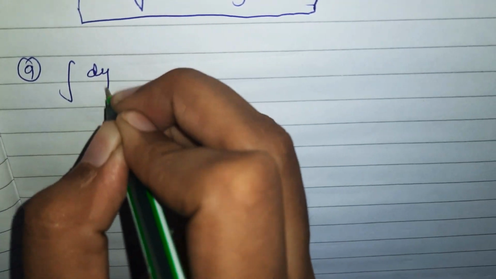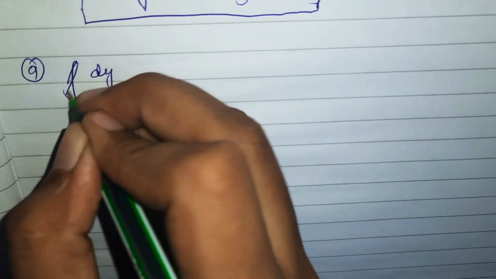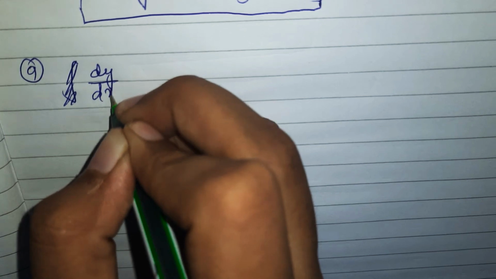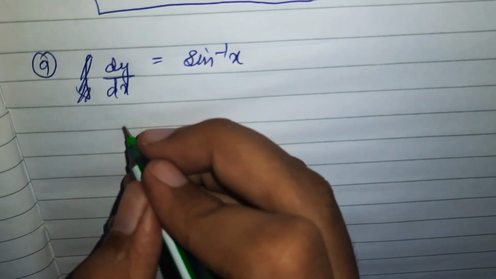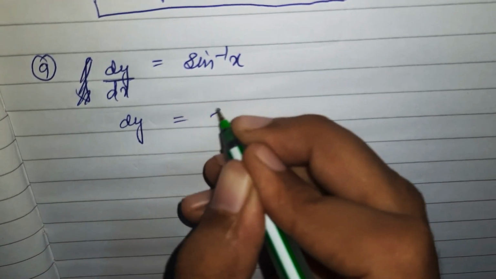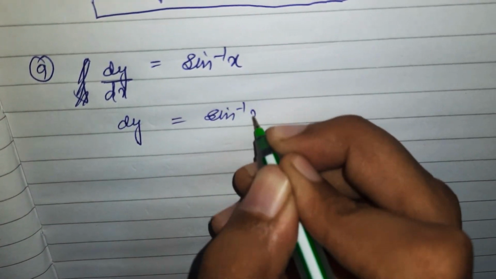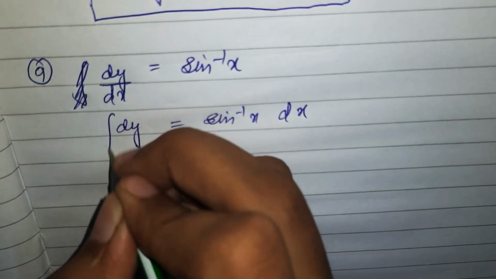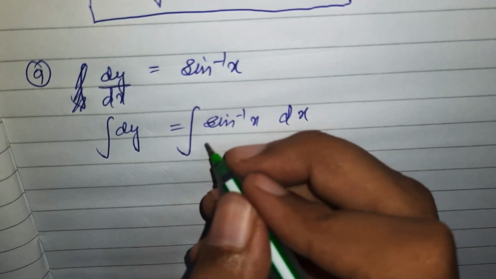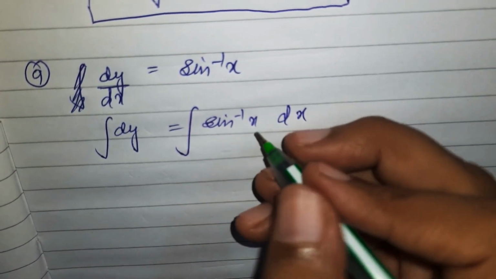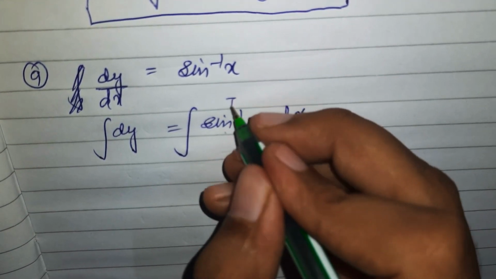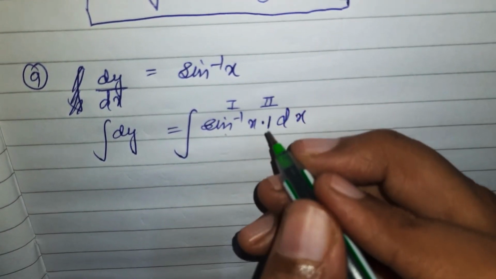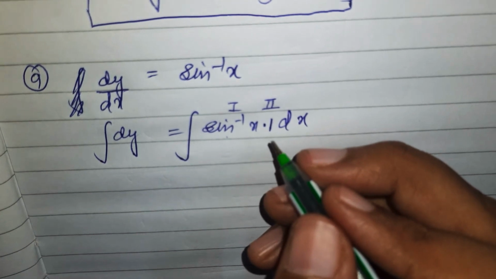In question number 9, firstly we write dy by dx equals sine inverse x. So dy equals sine inverse x dx, integrate both sides. If I talk about this integration, it will be sine inverse x into 1, so first function, second function; we need to proceed with integration by parts.